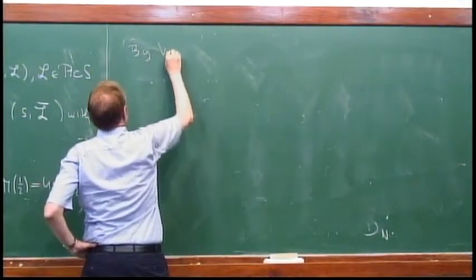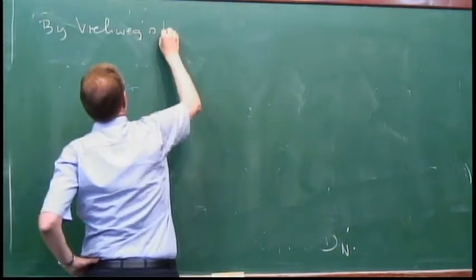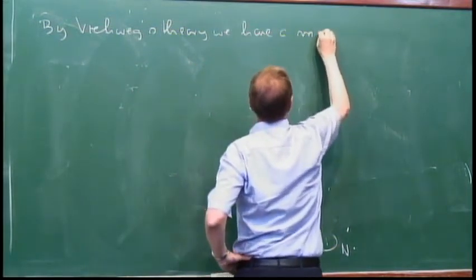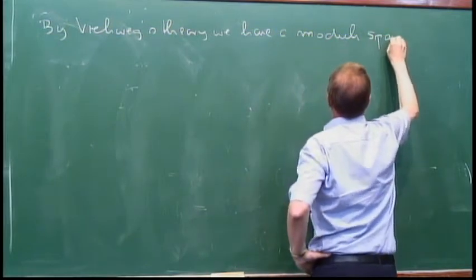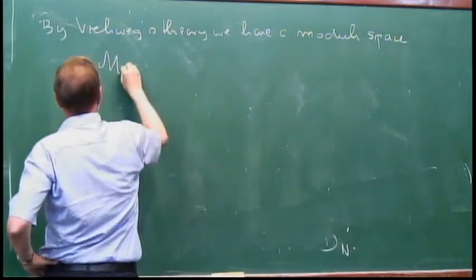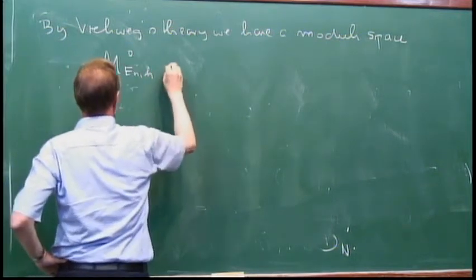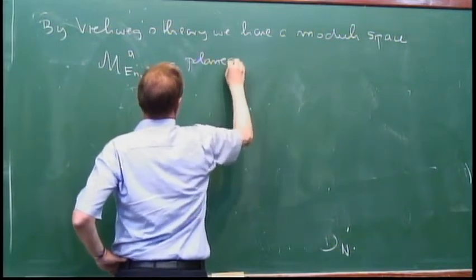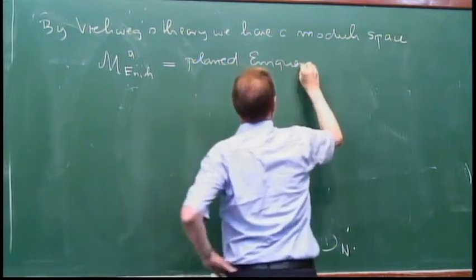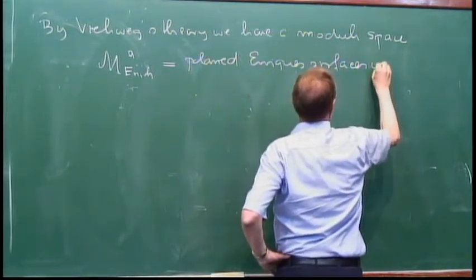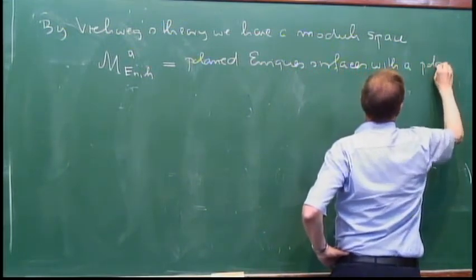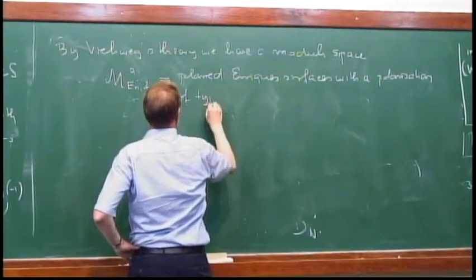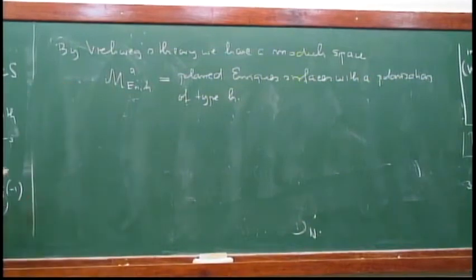By general theory, we have a coarse moduli space, say M E N H, of polarized Enriques surfaces with a polarization of type H. That's a quasi-projective variety.